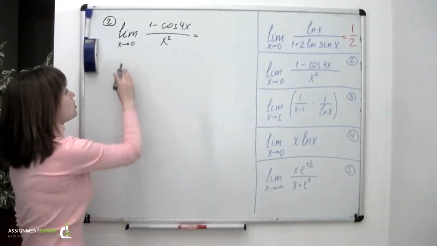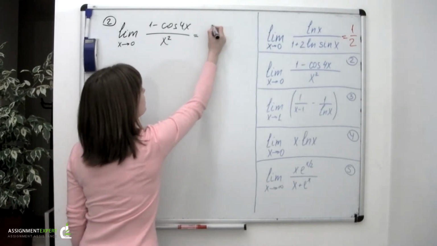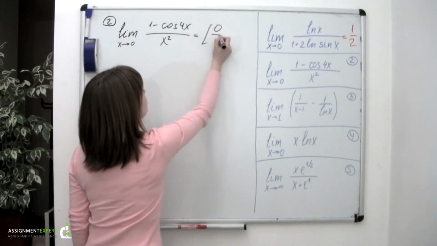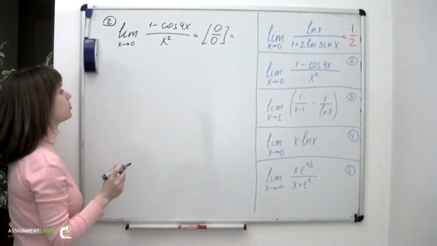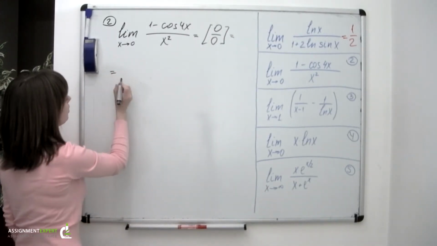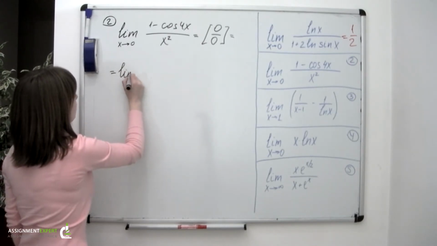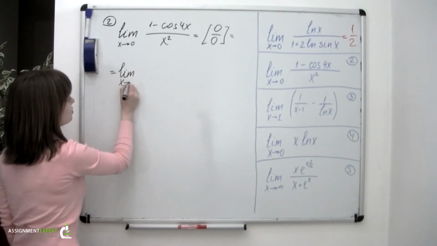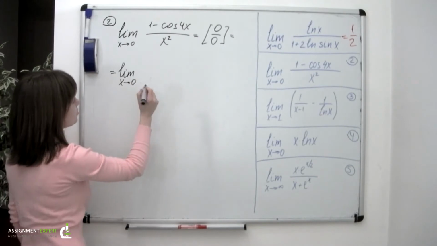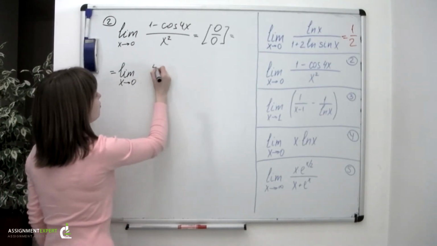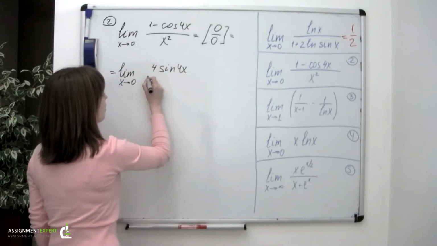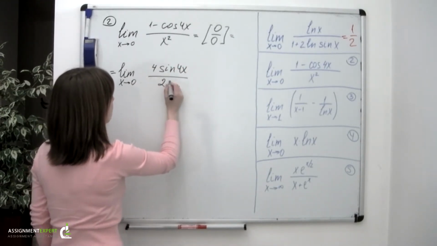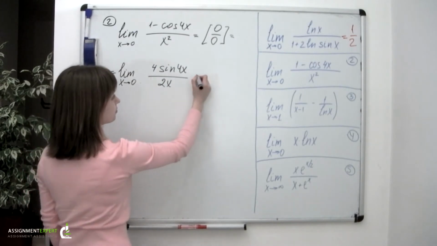Now if we substitute 0 in this expression, we'll obtain the form of 0 over 0. So this means we can apply L'Hopital's rule. So we're calculating the derivatives of the top and the bottom and obtain 4 times sine of 4x over 2 times x.